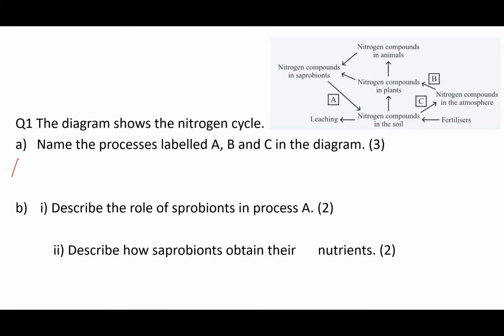So A is ammonification. And remember that's ammonification because in that situation, the nitrogen compounds in the animals go into the soil.